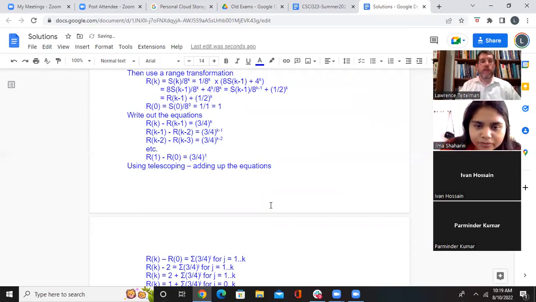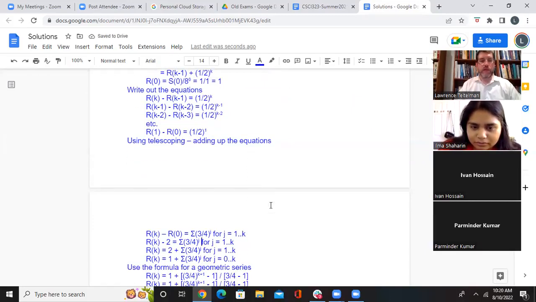Okay, so I write out all the equations. And what do I have on the right-hand side? Half. Correct. And I do the same for all of them. And now I add up the equations and I get 1/2 for j from 1 to k.